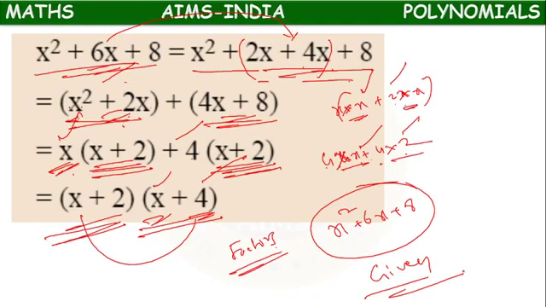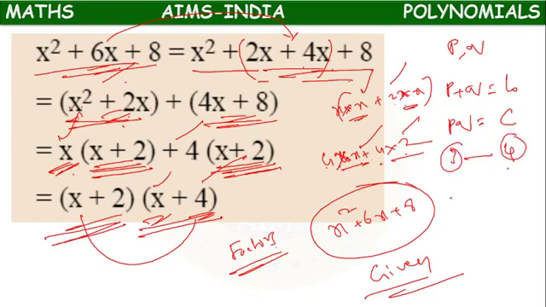Okay, so like that we can factorize a quadratic polynomial. First, what we have done? We have identified two numbers such that their sum is equal to the x coefficient and their product is equal to the constant. Now, three terms, we change them into 4 terms. 2 terms kept in one group, 2 terms kept in another group.